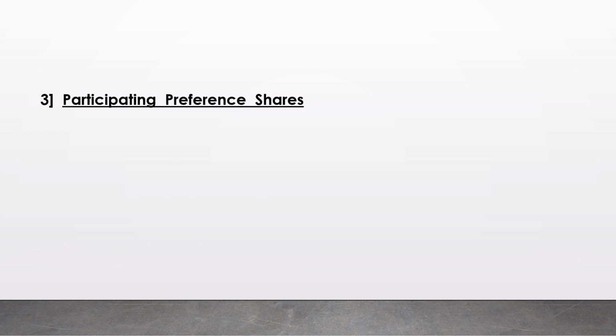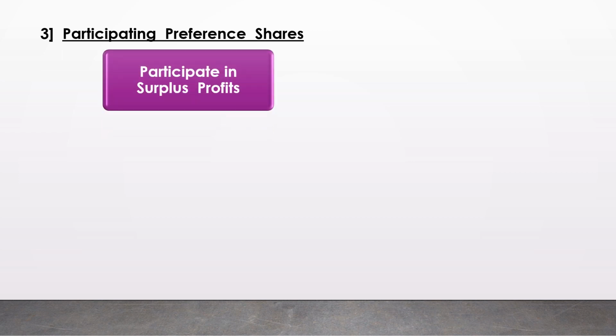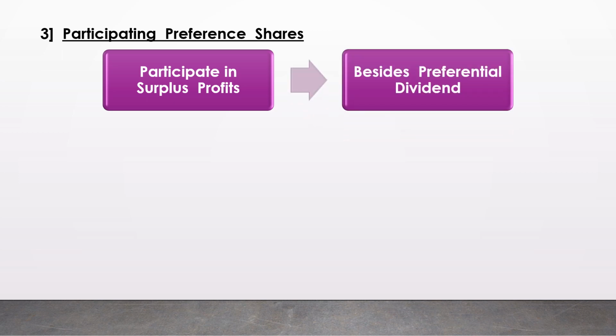Let us now move towards the third type, which is participating preference shares. Participating preference shares are those shares which participate in surplus profits besides the regular preferential dividend. Now, what are surplus profits? Surplus profits refers to those profits which remain or are left over after the dividend has been paid to the equity shareholders.